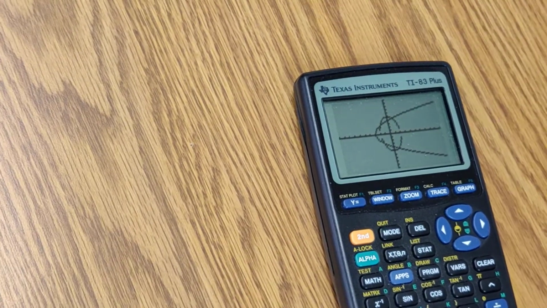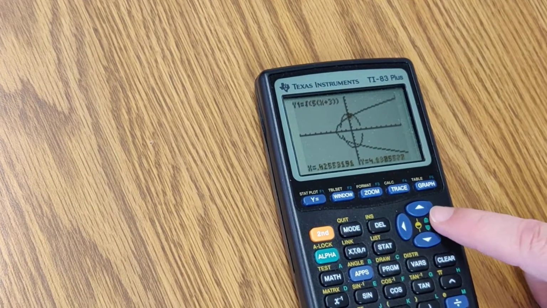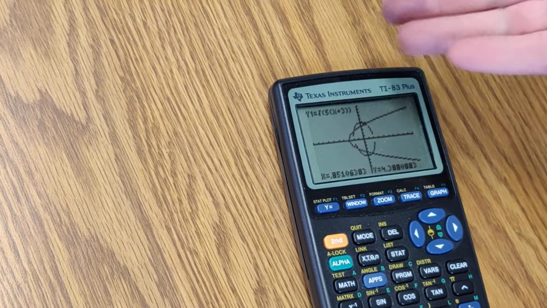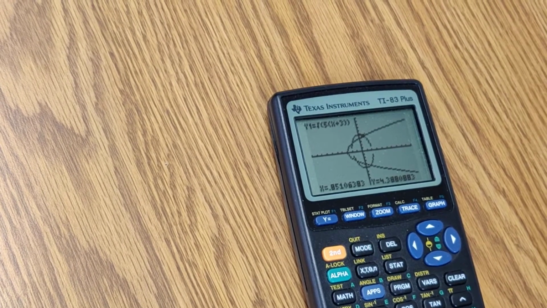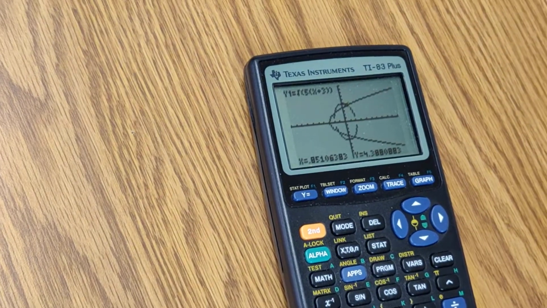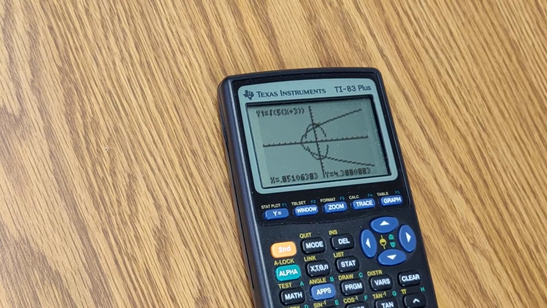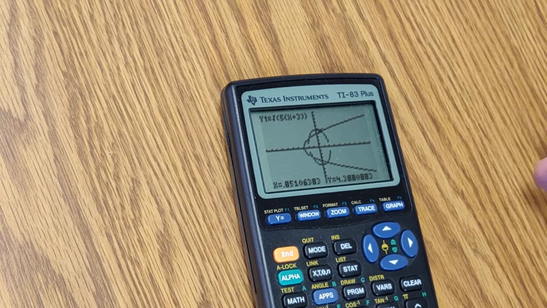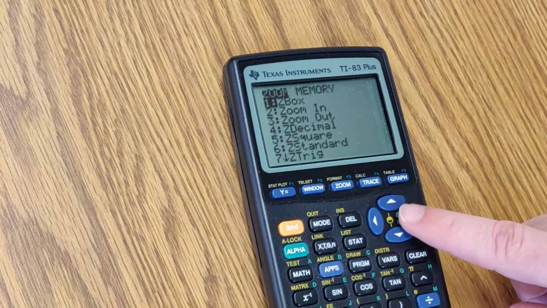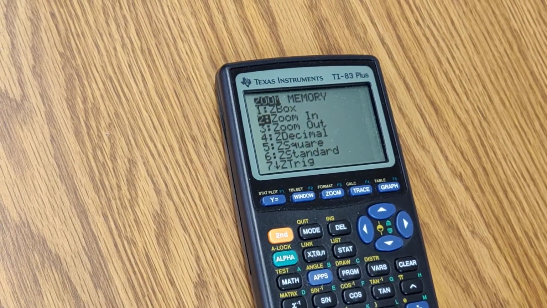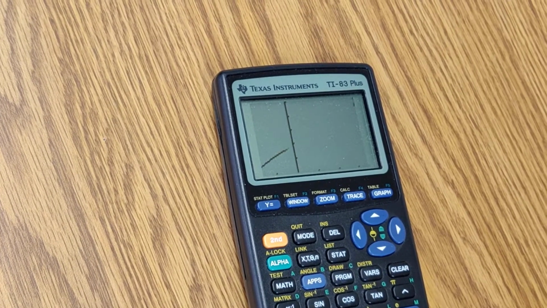How do you find the points of intersection? Use the trace button. So you go to about where they intersect. We can see that the x-coordinate is about 0.9 and the y-coordinate is about 4.4. What if you want to be more accurate? You press the zoom button. You go to zoom in, and then you zoom into that point.